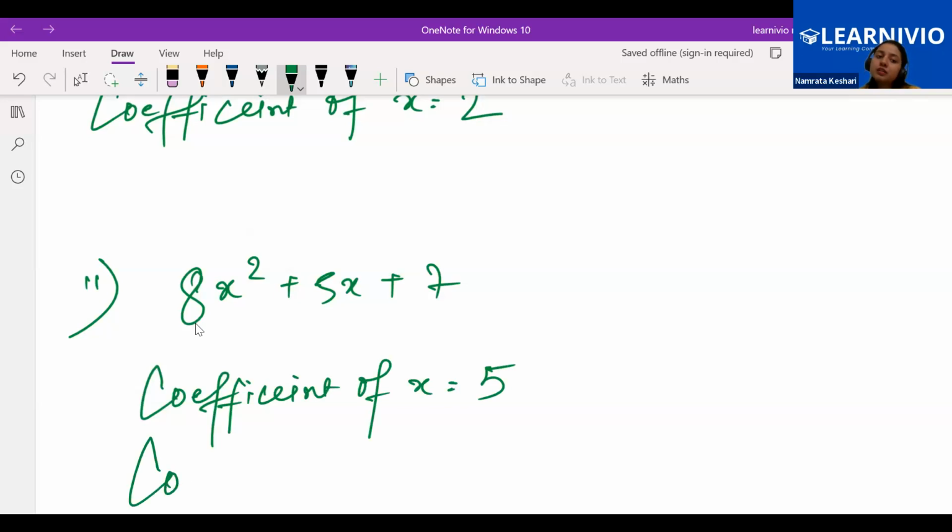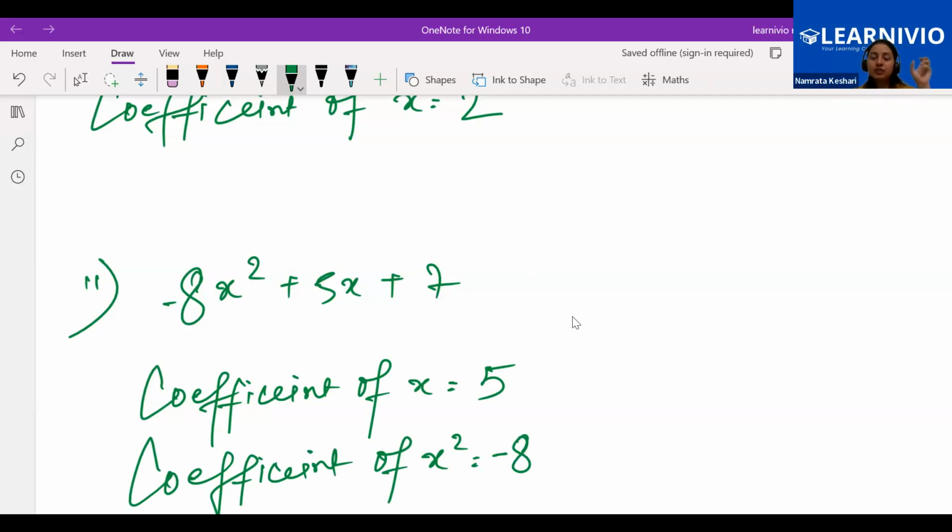What is the coefficient of x square? 8. Perfect. Okay, we have to be clear with the sign also. It is not -8, it is +8.